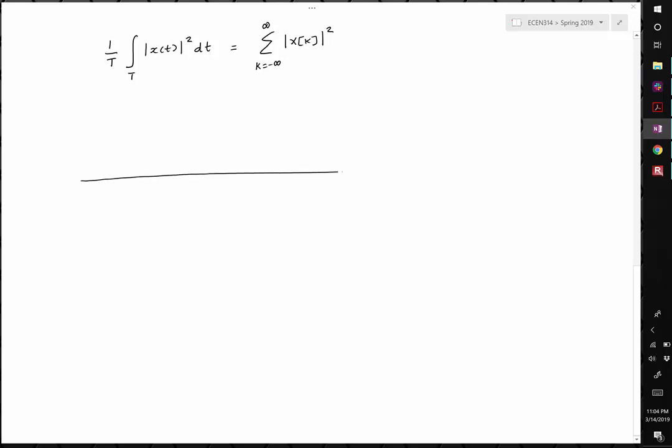Okay, so here is such a signal. So let's start with a periodic signal like this. So the signal is given by t when t is between negative pi and positive pi, and it's periodic. It's periodic with a period of 2 pi. So it keeps on going like this.